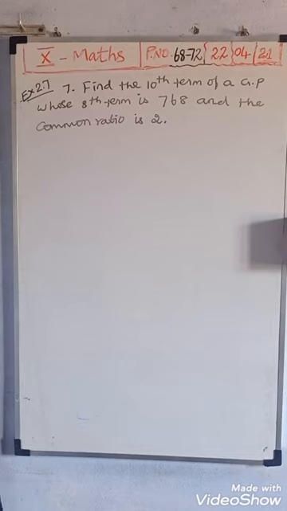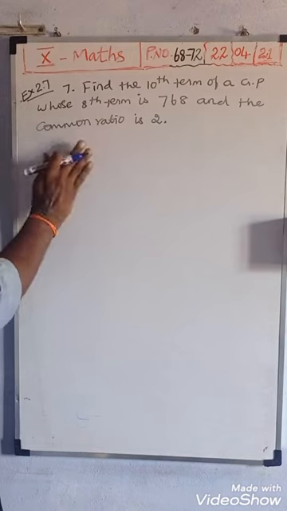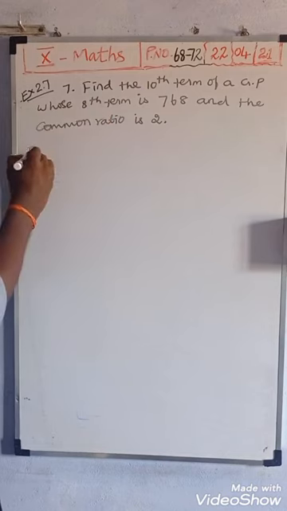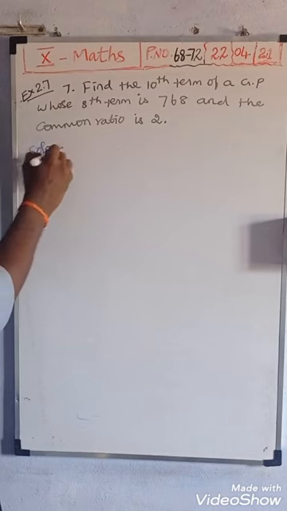See next, 7th one. Find the 10th term of a GP whose 8th term is 768 and the common ratio is 2. Okay, easy. Here the common ratio is given. Using this 8th term we want to find the value of a. Okay, see the solution. Then we can find the value of T10.